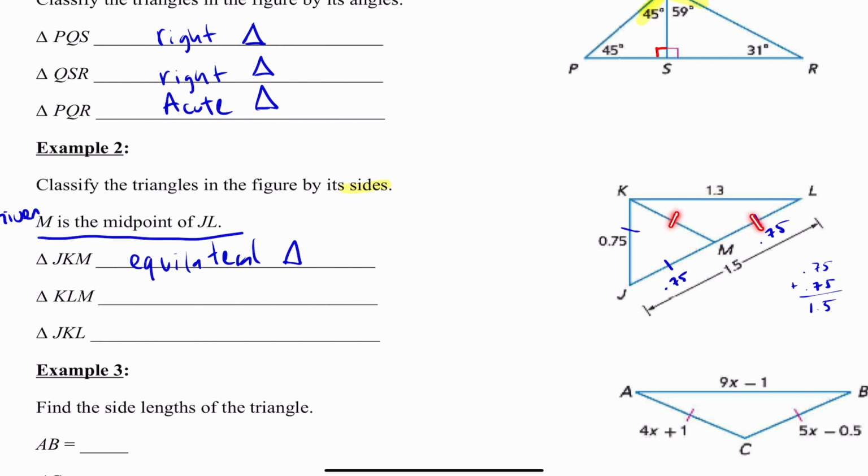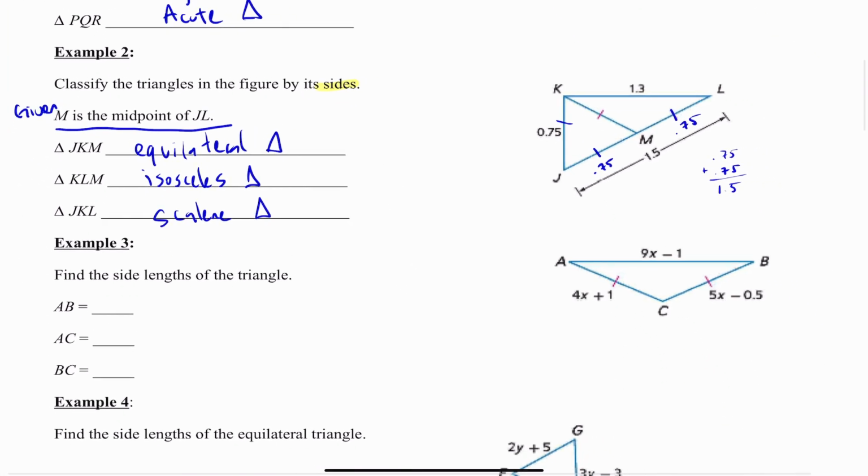These sides are congruent, so we have at least two sides. That means that this is an isosceles triangle. And then lastly, J, K, where's L? L is right here. So I'm looking at this side, and this whole side. These sides are not congruent, so this has to be a scalene triangle.